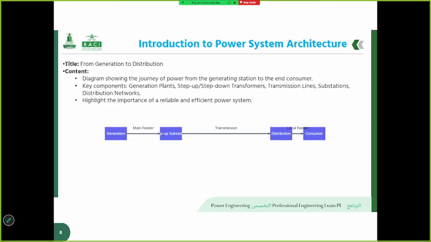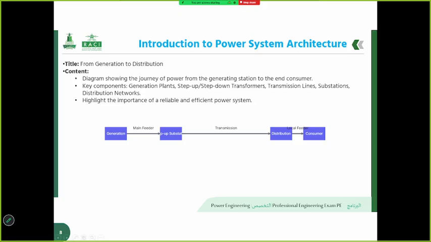After the voltage has been stepped up, the power enters the transmission stage. So this is the bulk power transfer highway, where high voltage transmission lines carry electricity over long distances across the country. These lines are supported by tall towers and are designed to transmit massive amounts of power with minimal losses.